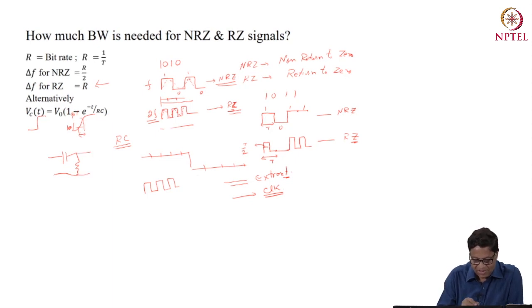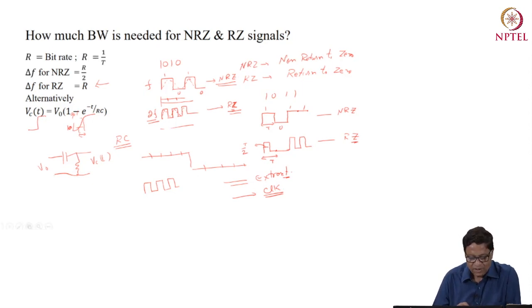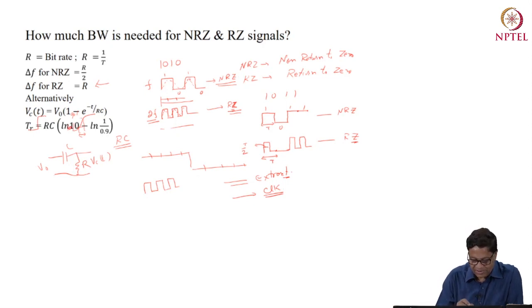So the voltage VC(t), where V0 is the internal voltage, will be VC(t) equal to V0 into 1 minus e raised to minus t over the RC time constant. Let me draw here.